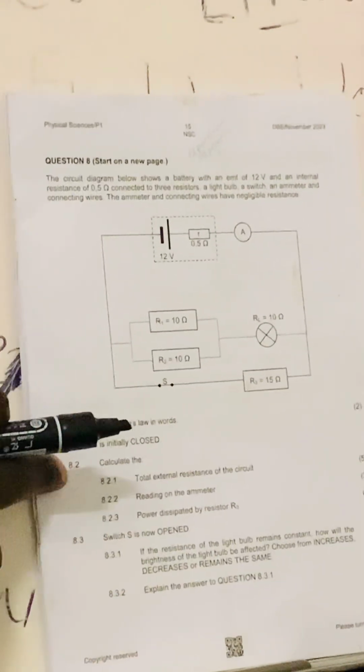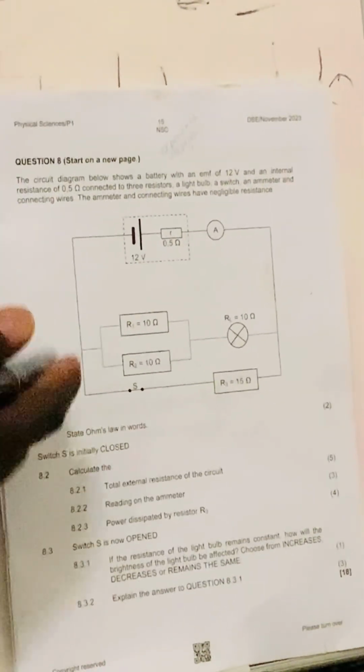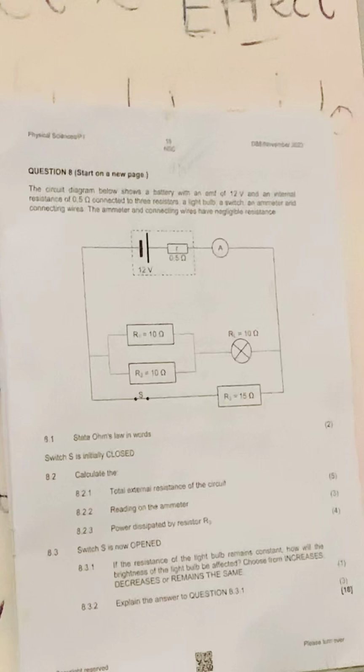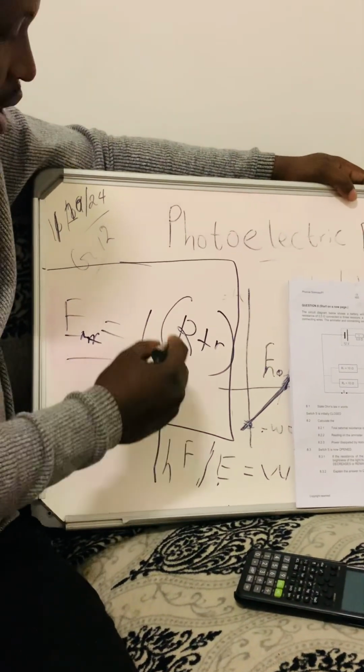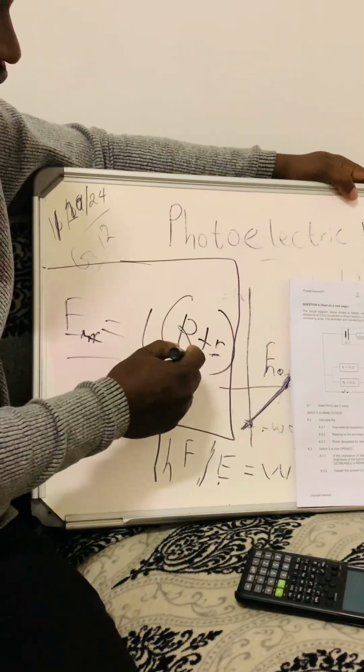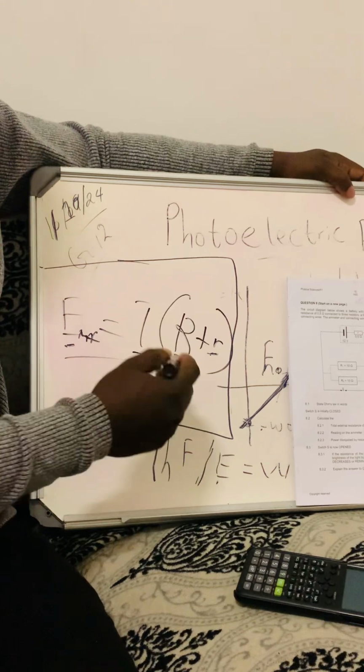So they said switch S is initially closed. Calculate the total external resistance of the circuit. If you look at this circuit very well, we have external resistance, which will serve as your big R in this formula, EMF. So in this formula, your internal resistance is the small r, external resistance is the big R, the EMF itself, and you have the I, which stands for the current.